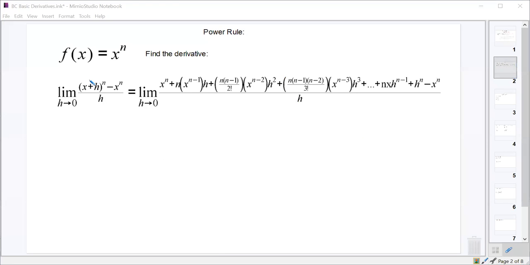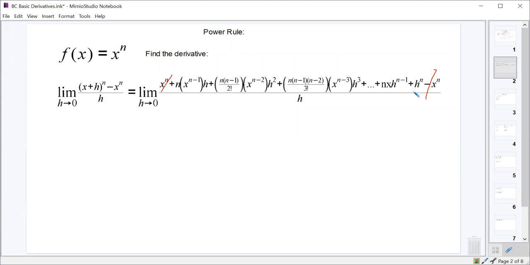First off, some stuff cancels. What cancels in this big limit here? The first thing and the last thing. Yes, very technical. The x to the n and the minus x to the n cancel.